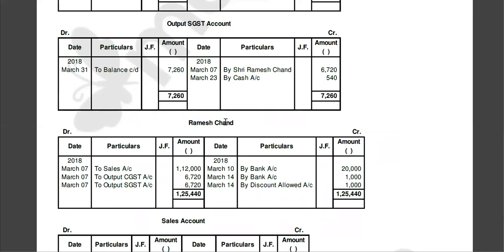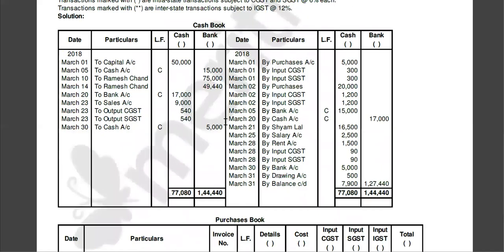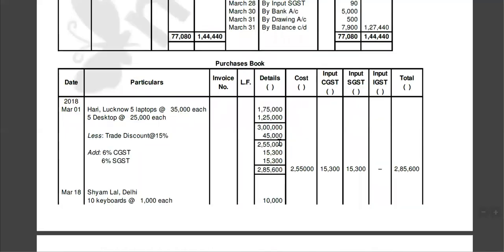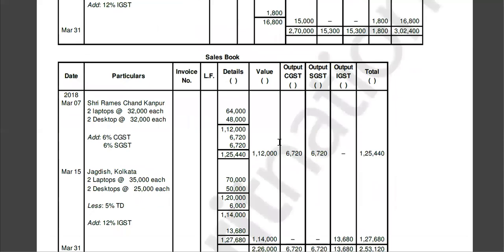See, how many Ramesh transactions are involved? 1 March 10 debit, I mean, cash account debtor to Ramesh. 2 cash transactions. 2 Ramesh was here. Then here no Ramesh is here. So 2 Ramesh.